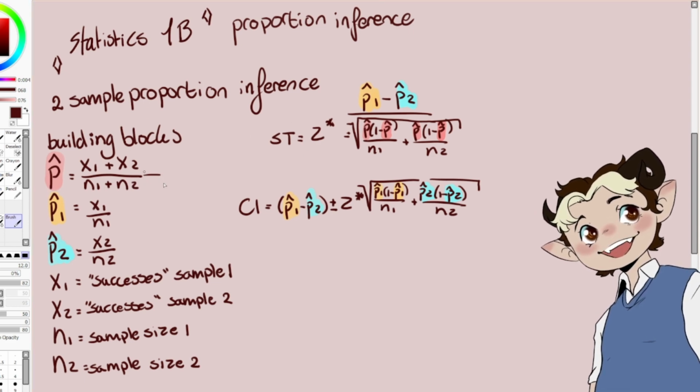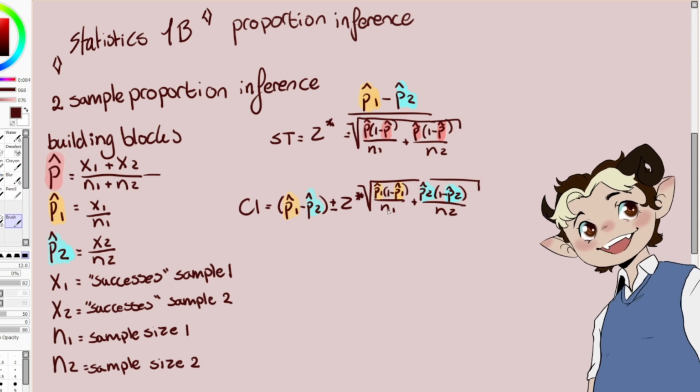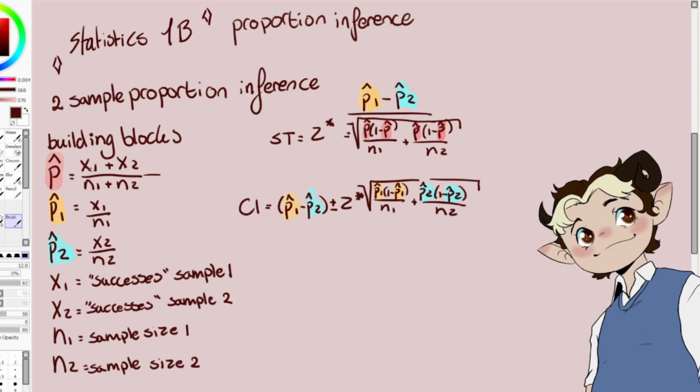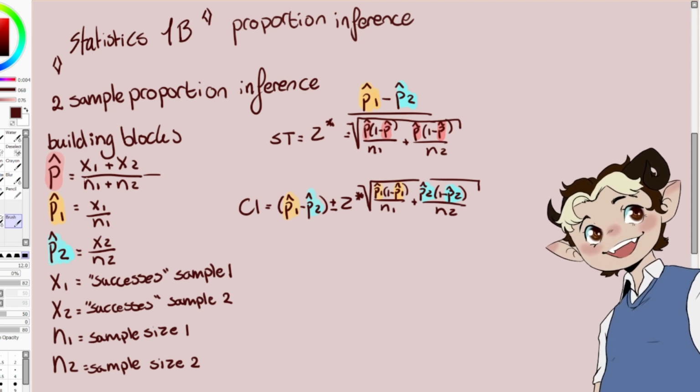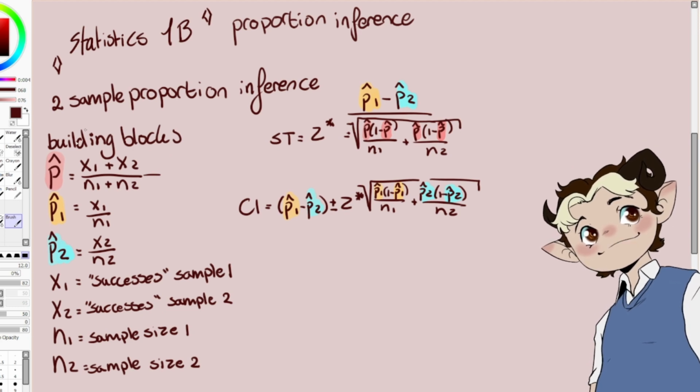And for the confidence interval, you basically just do the same thing, but you use the individual p hats instead of the overall p hat, which is x1 plus x2 divided by n1 plus n2. It is the overall proportion.